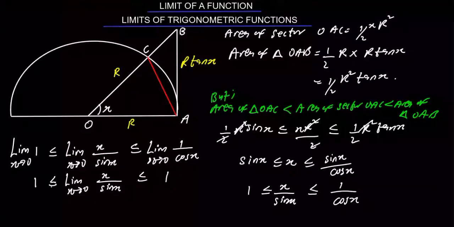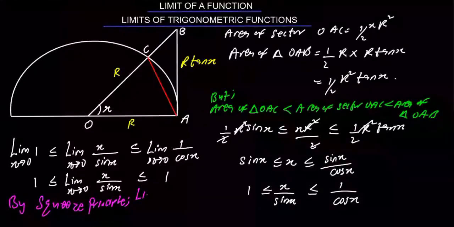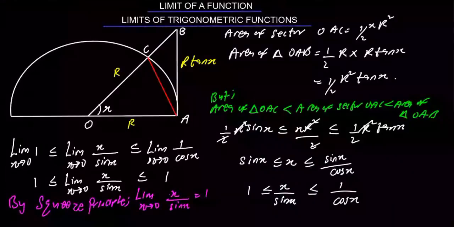And remember, by squeeze principle, in the previous video, we already know that by squeeze principle, the limit as x tends to 0 of x over sine x is equal to 1.